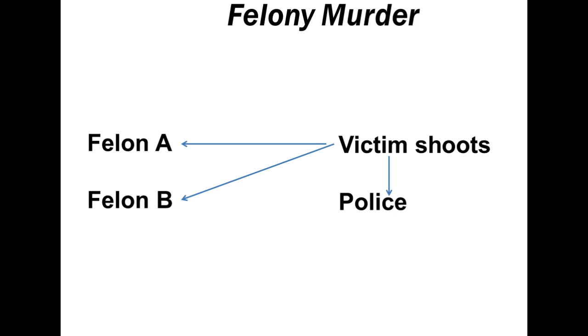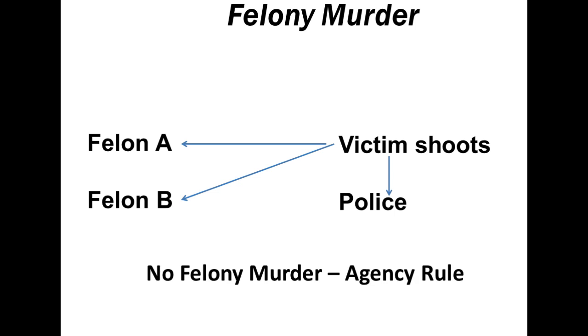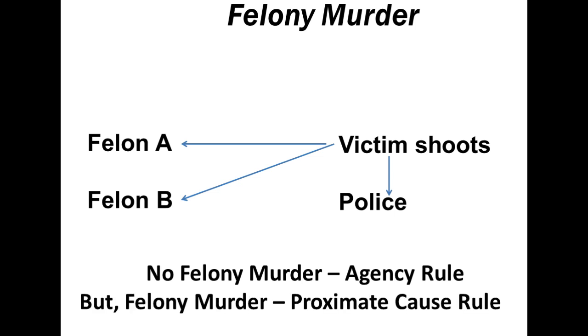It has been done by either the victim or the police, or could even be a third party coming in to prevent the felony. But what's significant here is felon A and felon B have not directly caused the death. In this instance, based on the agency rule, there is no felony murder. Felony murder is not permitted in this instance as a strict liability offense.